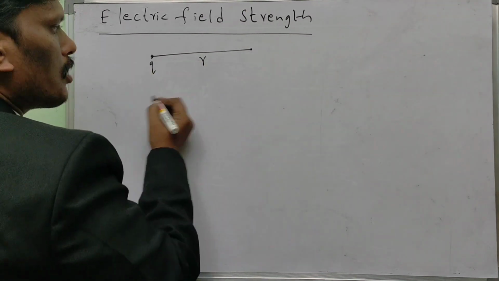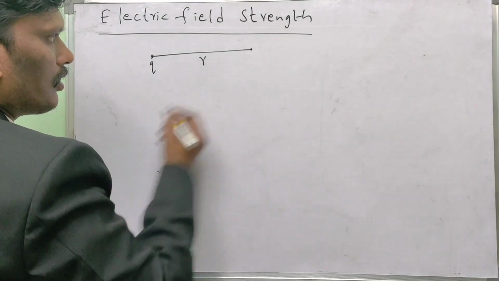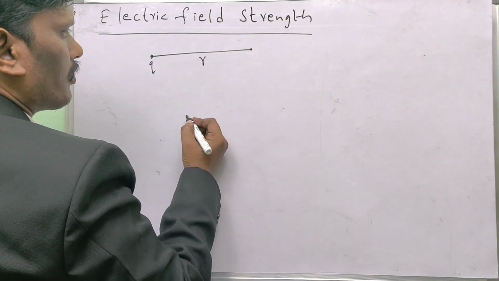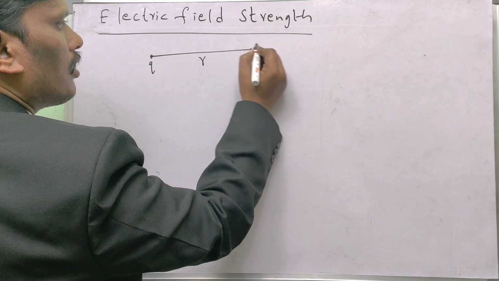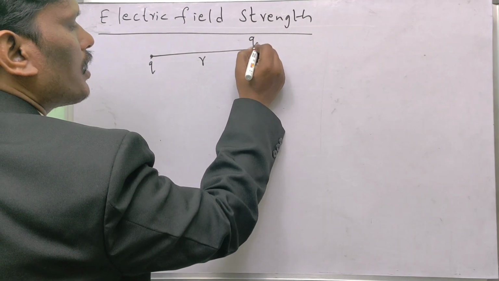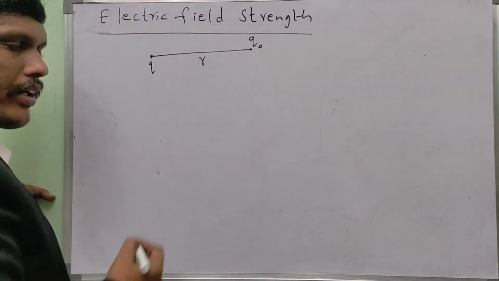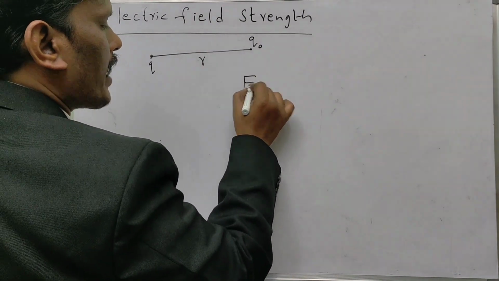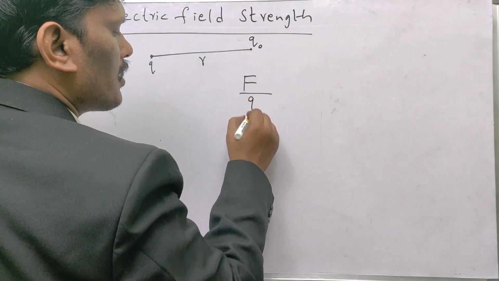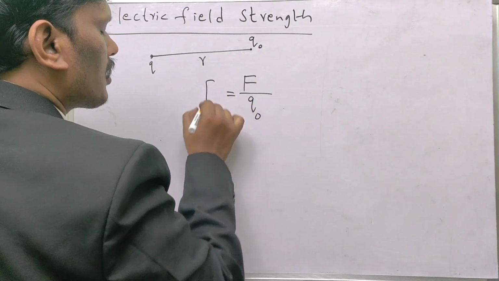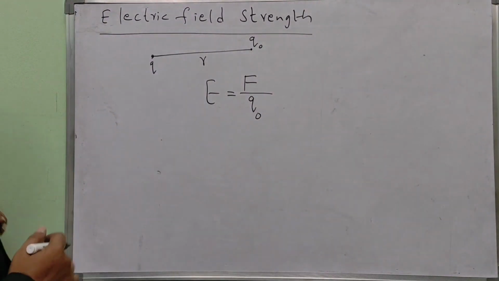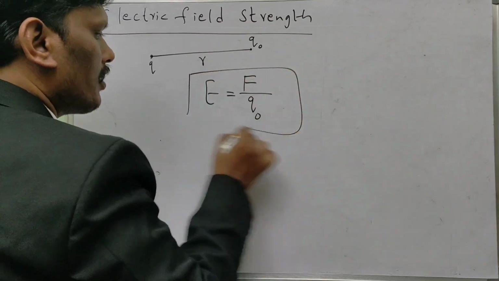So if I consider a point charge and a point at a distance r, what is the electric field at this point? At that time, I need to consider a unit test charge at this point. The force acting on the unit test charge placed at that point is called the electric field at that point because of this charge. That means how to define the electric field?